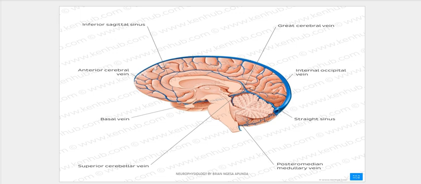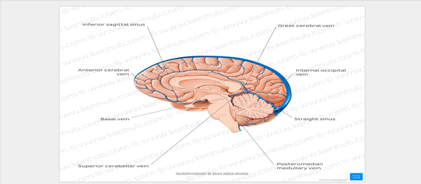So the straight sinus in the falx cerebelli, the transverse, not obviously seen in this image, but the transverse from the tentorium cerebelli, and the falx cerebelli will be giving us the sagittal veins that can give rise to things like the anterior cerebral vein. So these are very important.